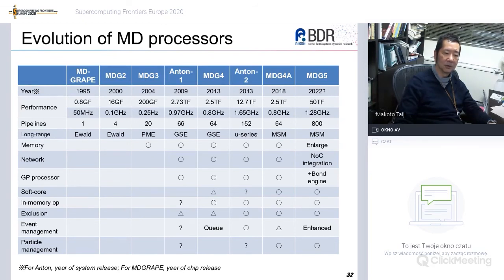So we developed MDGRAPE-4A, which has many supports, including event management and particle management. This improvement was very important. In MDGRAPE-5 we will continue, add bond engines to accelerate bond calculations, and try to enhance the event management.